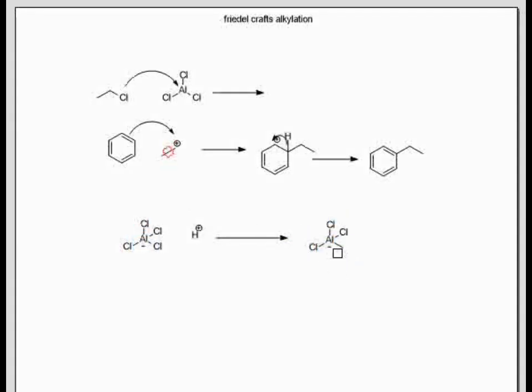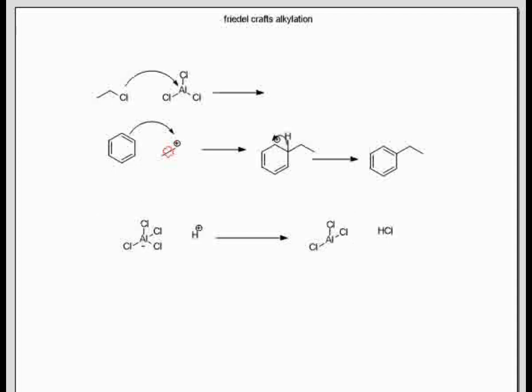So now the AlCl3 is formed and we have our HCl. This is pretty good. This is the Friedel-Crafts alkylation. It's a pretty simple reaction.